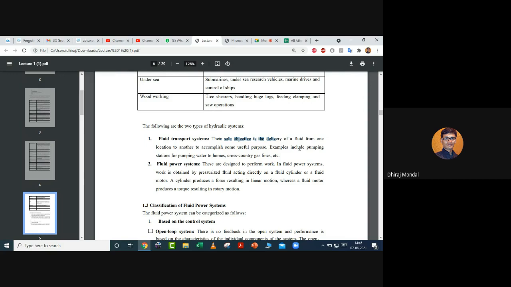Examples include pumping water to homes, cross country gas lines, etc. If you are just pumping water from ground level to your tank, you are displacing the fluid. This is the fluid transport system.